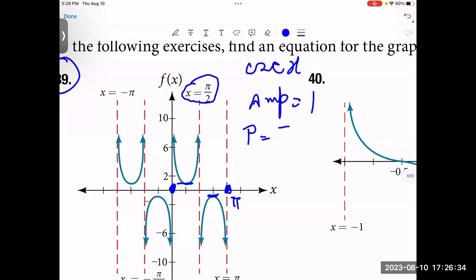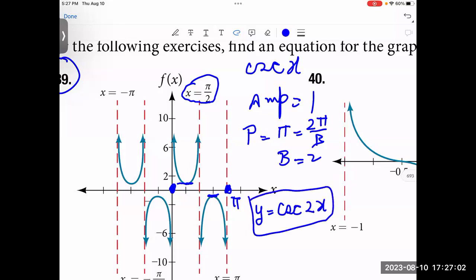So the period is pi, and period is 2 pi over b. So that means b is 2. So amplitude is 1, b is 2. So the function that we see here is y equals 1 times cosecant of 2x. That's the equation of that graph.